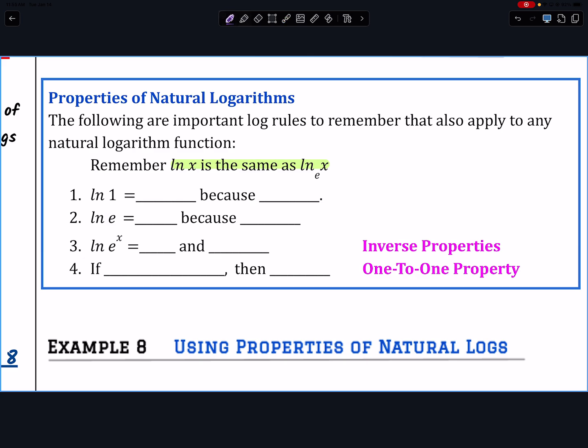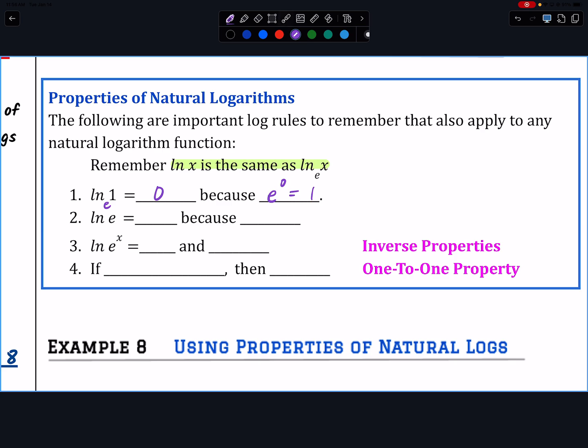E. So I'm going to write in just a little e here to remind us. The natural log of 1, so e to what power would give me 1? 0. If you have an exponent of 0, anything, because remember, e is like 2.7 something, anything to the 0 power is going to give me 1. Okay? So that's true because e to the 0 power is 1.